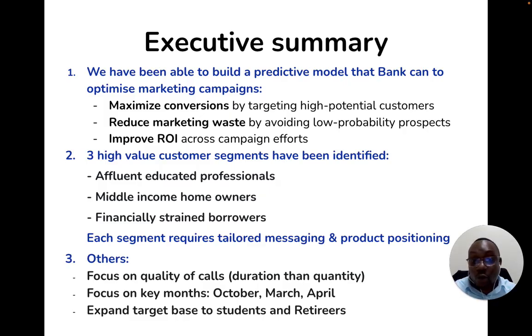Each segment requires a tailored marketing strategy in terms of messaging, product positioning, etc. Key: the bank needs to focus on the quality of calls. Marketing agents should ensure to get a preferred time and have a good call with clients. Focus on key months, October, March, and April, which are peak, and expand the target base to students and retirees.